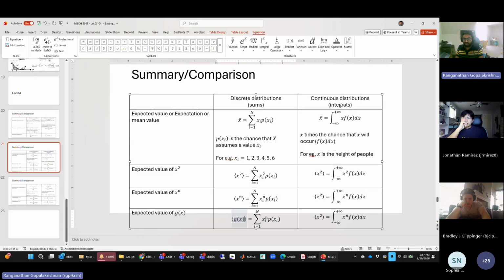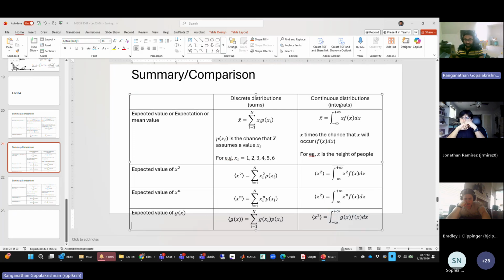The average value of g of x is g of x multiplied by the probability that x will occur, or g of x times f of x integrated over the entire interval. I'll try to pick some examples which illustrate this, but usually this g of x function is called a weighting function.